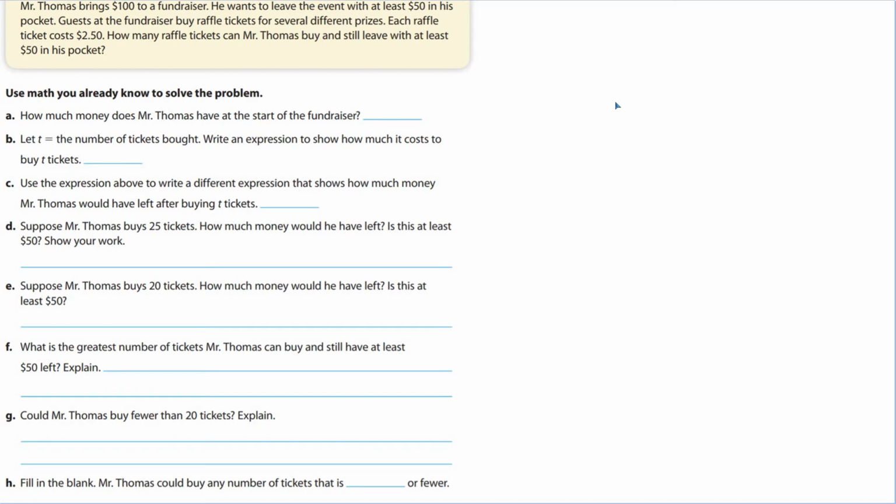Question F. What is the greatest number of tickets Mr. Thomas can buy and still have at least $50 left? Please explain. Question G. Could Mr. Thomas buy fewer than 20 tickets? Explain. And the last question, H. Fill in the blank. Mr. Thomas could buy any number of tickets that is blank or fewer.